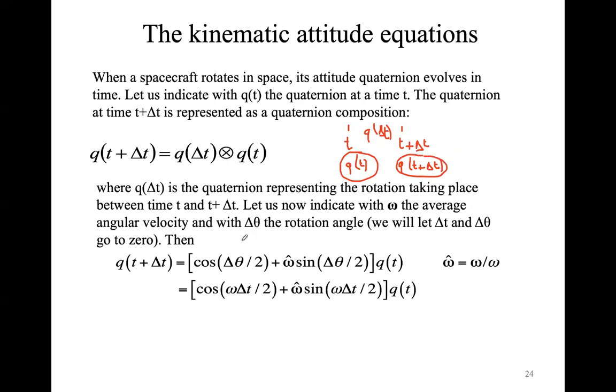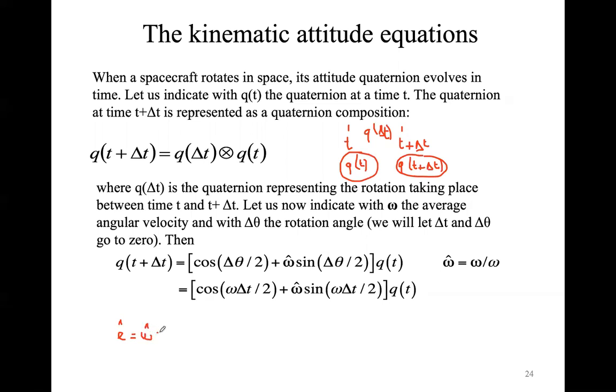If we want to determine qt plus delta t, let's assume, for example, that the rotation that occurred in this delta t was given by a certain axis of rotation, E, that is equal to our omega versor.